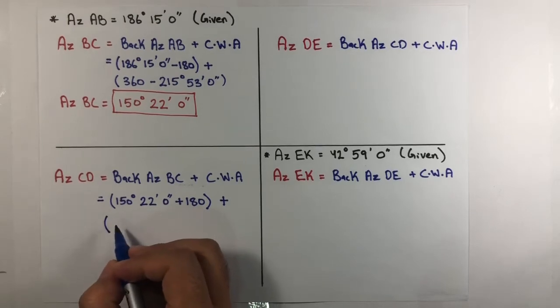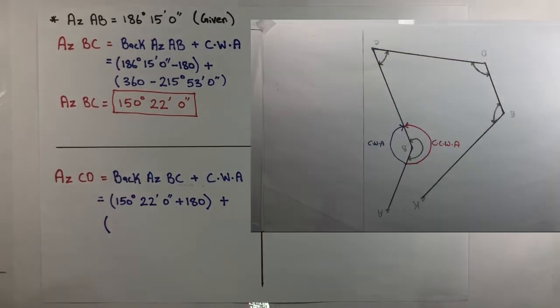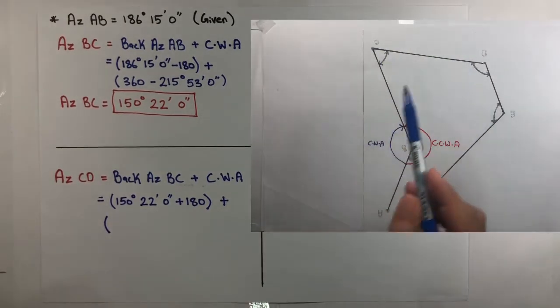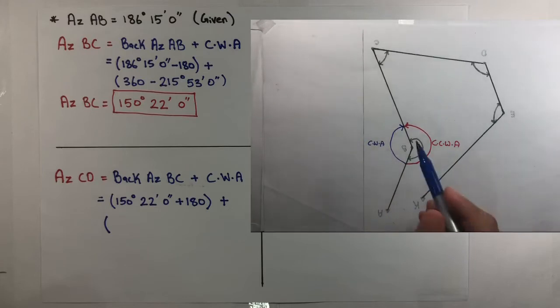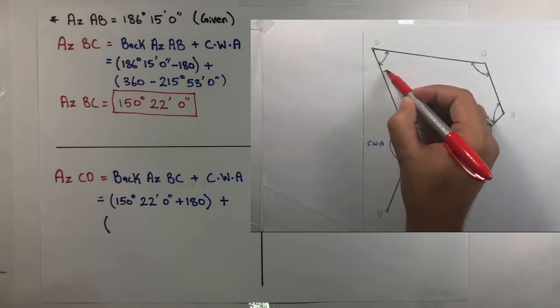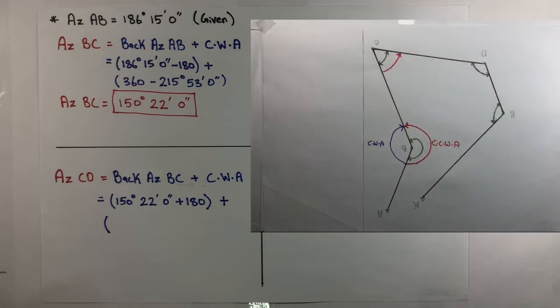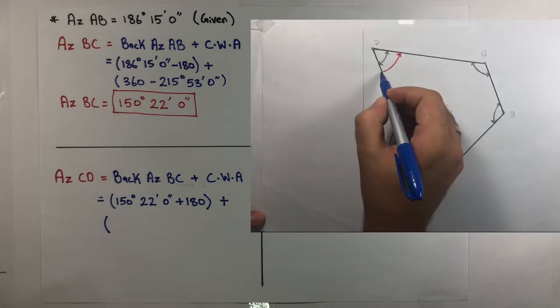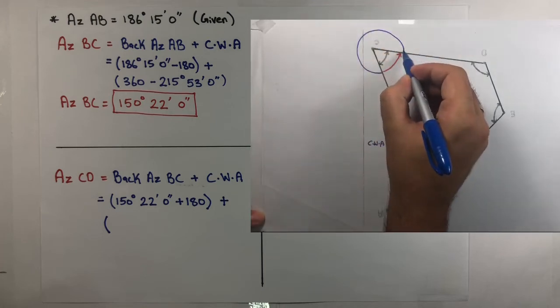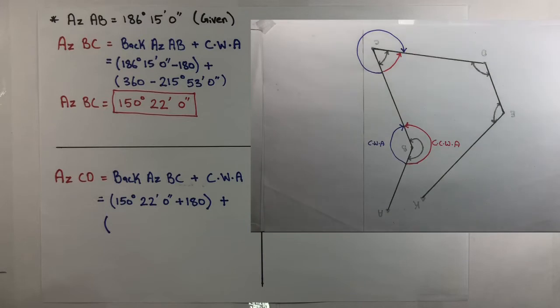Again, regarding the clockwise angle, let's look at this sheet. Going from BC to CD, we have two angles. We have the red one, which is counterclockwise, and the other way we have the clockwise angle, which is the one we require.